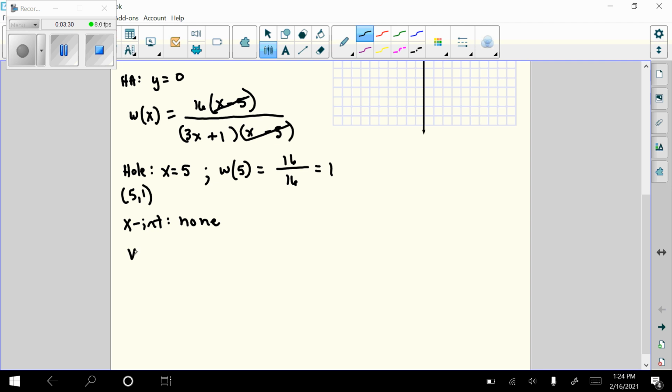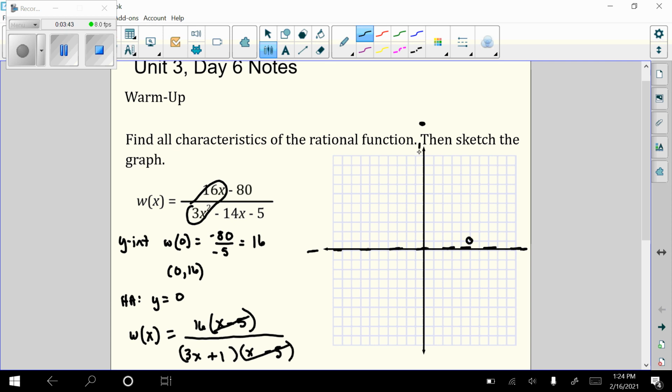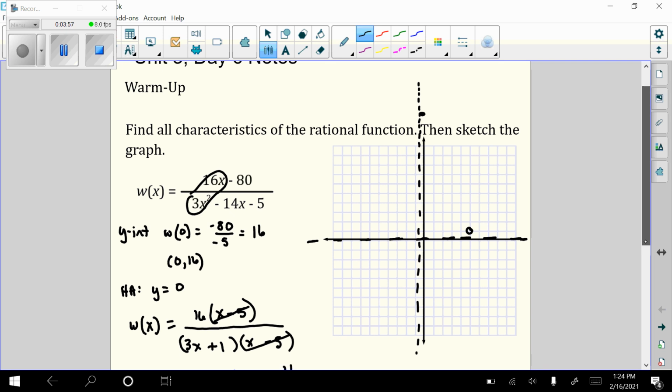The other thing I need is my vertical asymptote, which comes from the denominator, x equals negative 1/3. If I have a horizontal asymptote or a vertical asymptote sitting in here, that also shows me that I can have a y-intercept very, very close to that vertical asymptote.